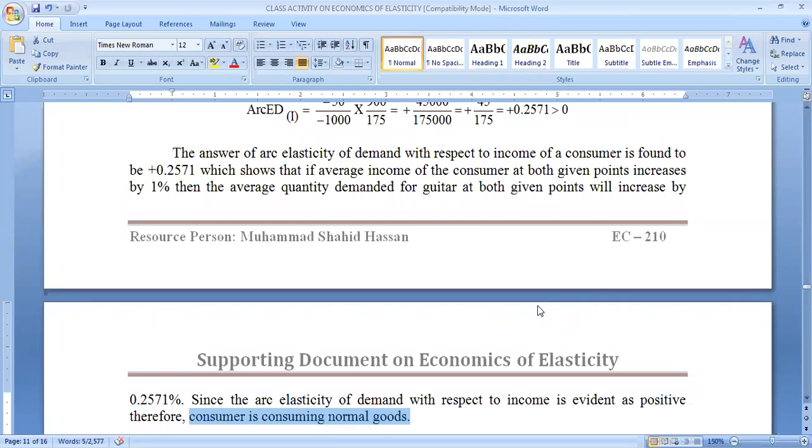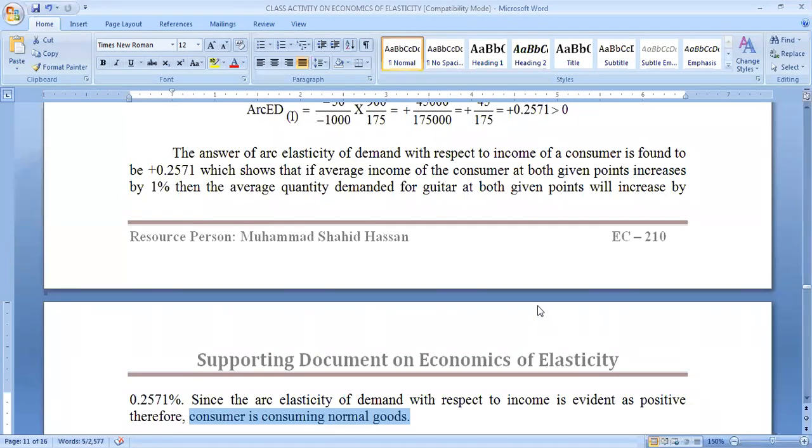There is another type of product, a special class of inferior good, which is called a Giffen good. For Giffen goods, income elasticity of demand is negative, but when you check the price elasticity of demand for Giffen goods, you will eventually find a positive answer.